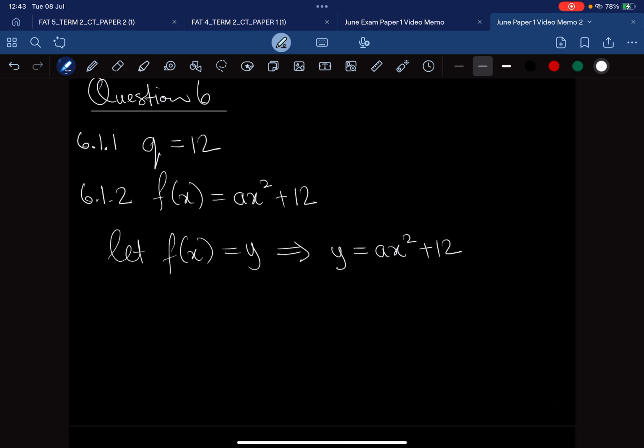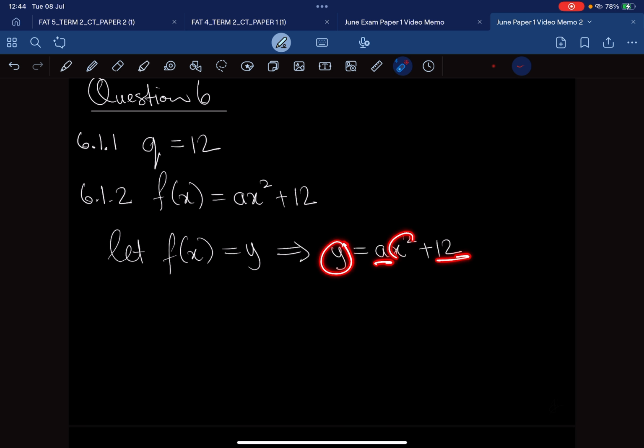So if I look at this, I need a value for a, right? And because I already have a value for q, if I could find a point on the graph that I can substitute for, remember the y and the x in this equation are variables. That is why they are not constants. Y and x are not like a. A is a constant. I need to find this constant because it stays that. For this particular graph, a will be whatever it is, and q will be 12 forever, it will not change.